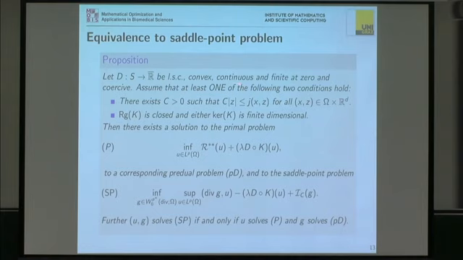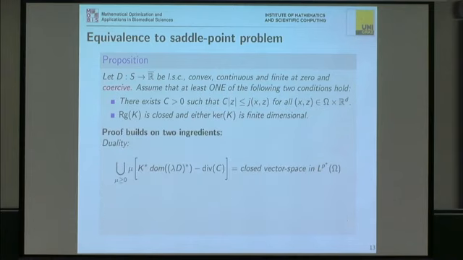Coercivity you would expect. It's a bit surprising that you also need continuity at zero, but this comes out of the proof somehow. So if you look at the proof, for showing equivalence of the primal and the dual problem, the saddle point problem, there are two ingredients that you need to show. You need to show the conditions for strong duality, and you need to show existence of the dual problem.